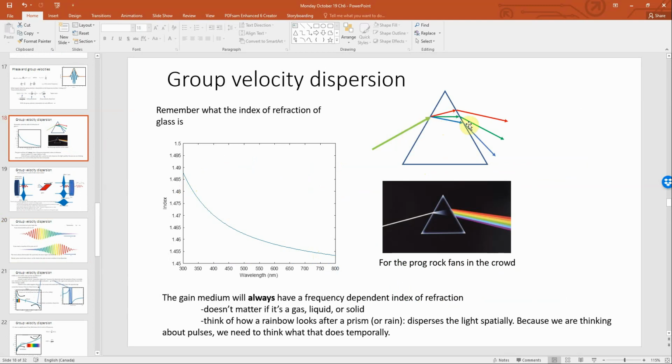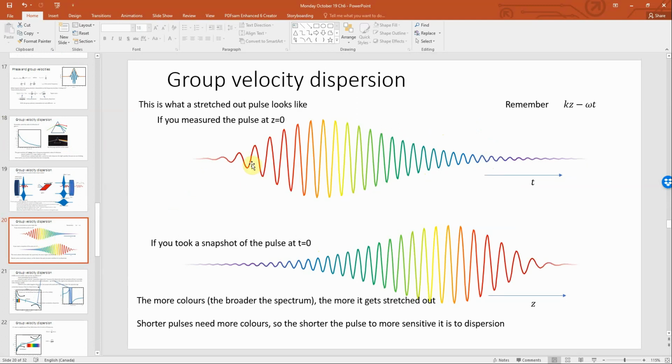So it takes longer for the blue light to pass through the optic than it does for red light. So the pulse ends up being chirped like this, because you have long wavelengths and then short wavelengths, or low frequencies then high frequencies as you propagate in time. It's chirped just like a bird, and so it goes like boop through the pulse, and that's called an up chirp. And if I could whistle, that would be what a bird does.